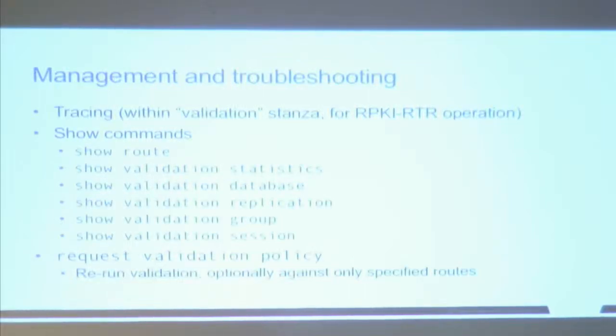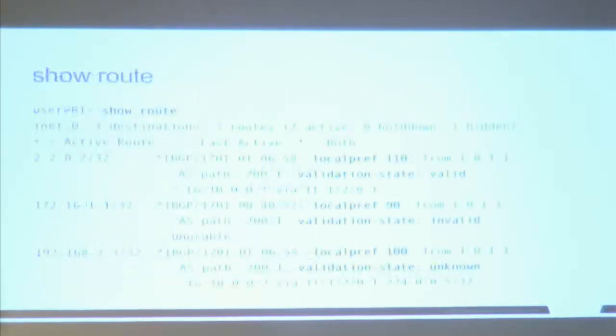There's, as usual, a plethora of show commands that you can apply against this stuff, which again, I'll only scratch the surface of. Show route is decorated with the validation state.